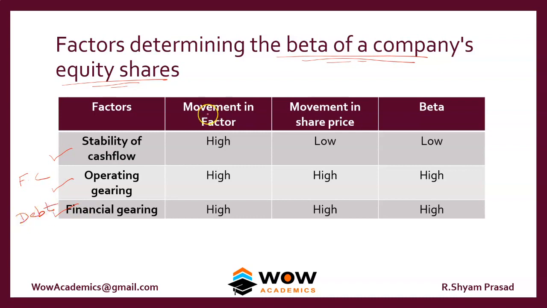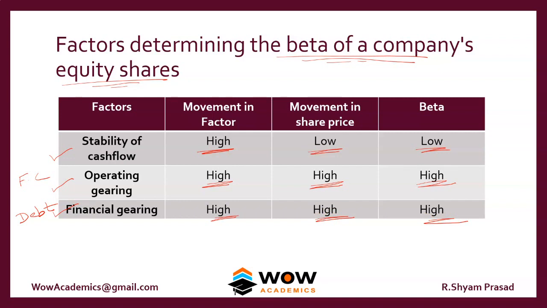So if a company has a high stability in cash flows, the share price movement will be very low, right? And the beta will be very low. If a company has a high amount of fixed cost, these companies are risky, so the share price movement will be high and the beta will also be high. If a company has a high amount of debt, the share price movement will be very high and the beta will also be very high.